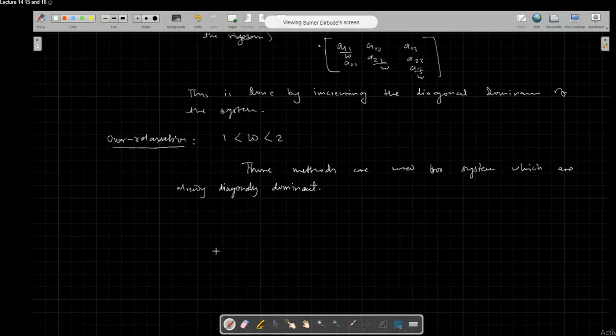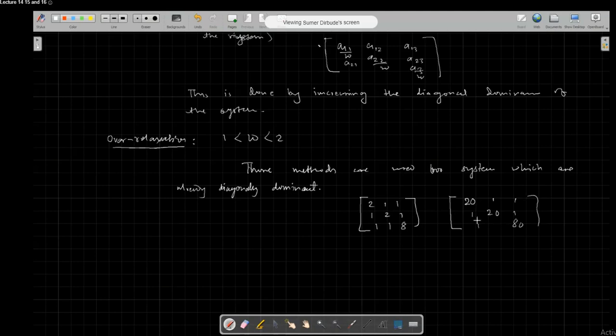What may happen is that sometimes the system is, say, 2, 1, 1, 1, 2, 1, 1, 1, 8. If you divide this system by 2, its diagonal dominance is going to decrease. But suppose there is another system with 20, 20, 80 on the diagonal and 1s elsewhere.